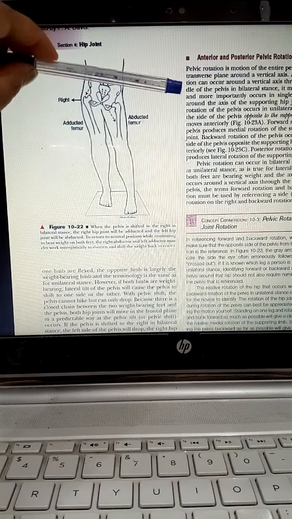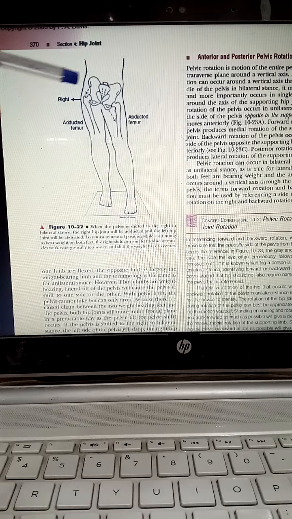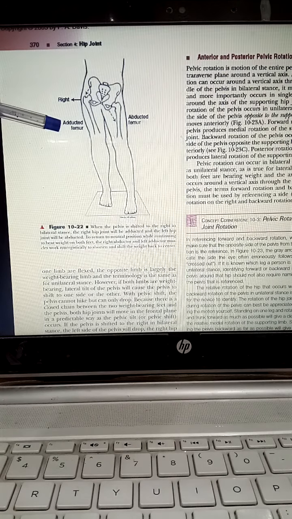So when lateral pelvic shift occurs on one side, the other side of the pelvic will drop down. And what will happen to the hip joint? On whichever side the pelvic is shifted, adduction will occur, and on the opposite side abduction will occur. Okay, so this is your lateral pelvic shift.